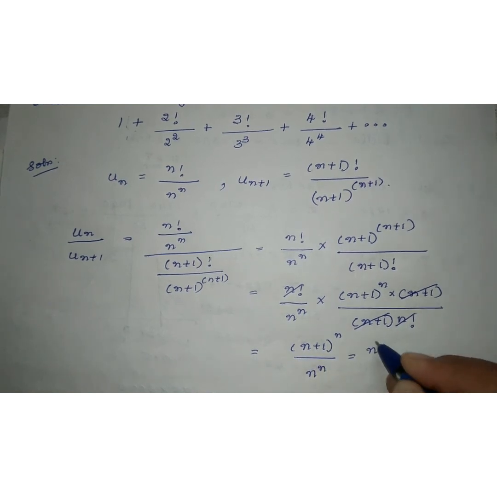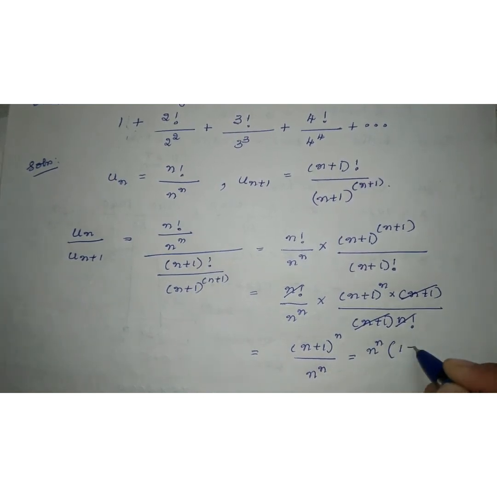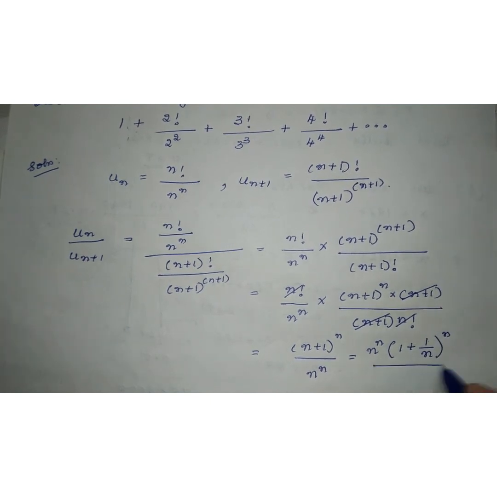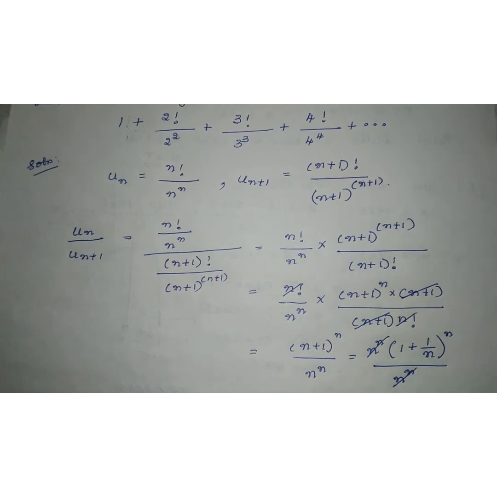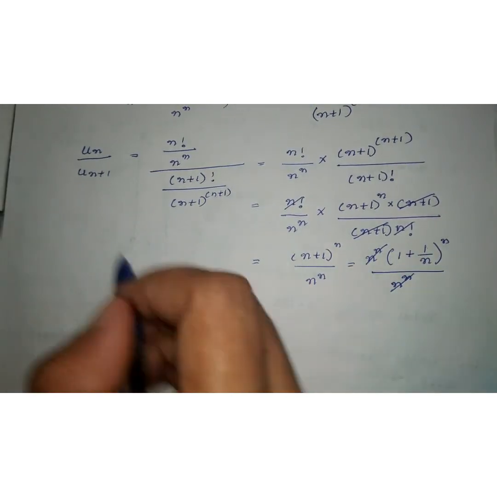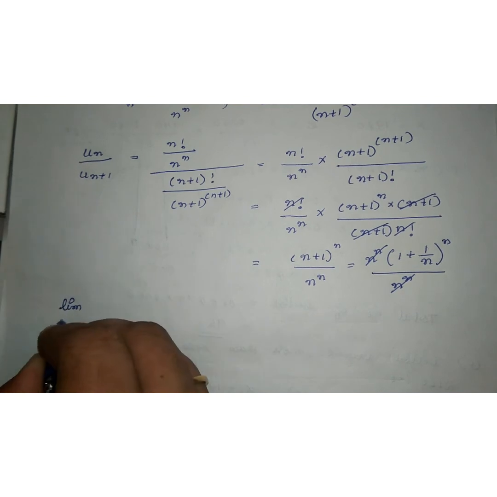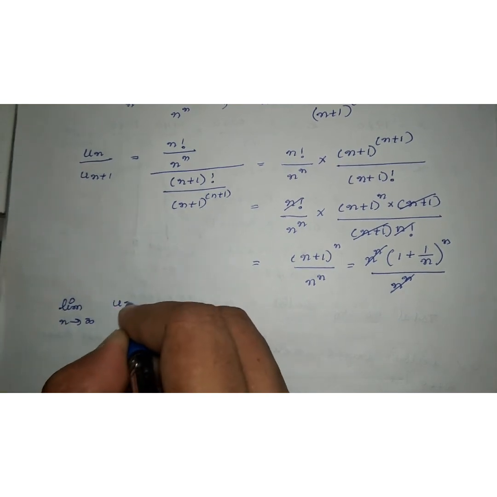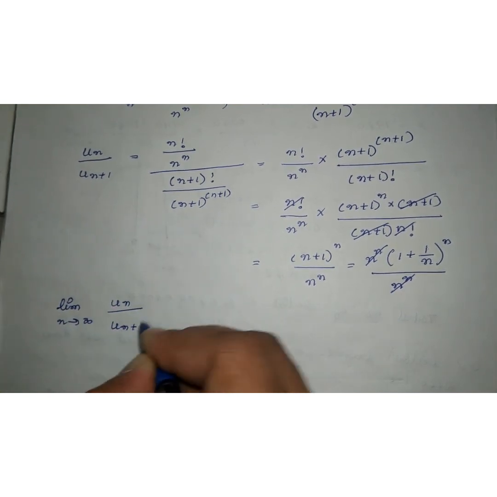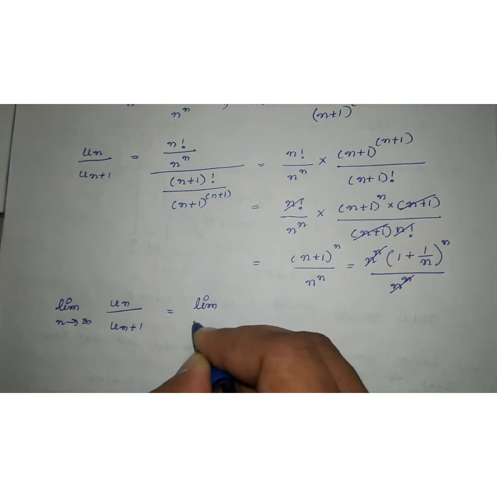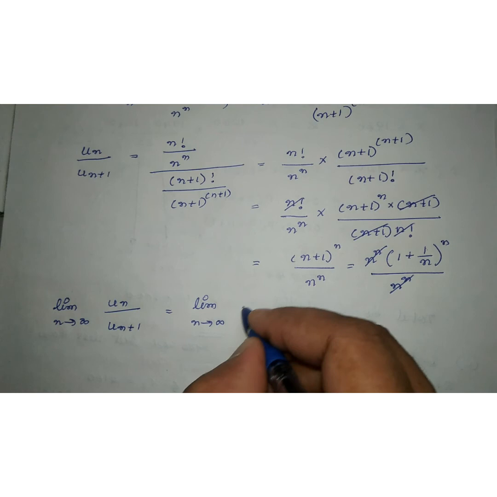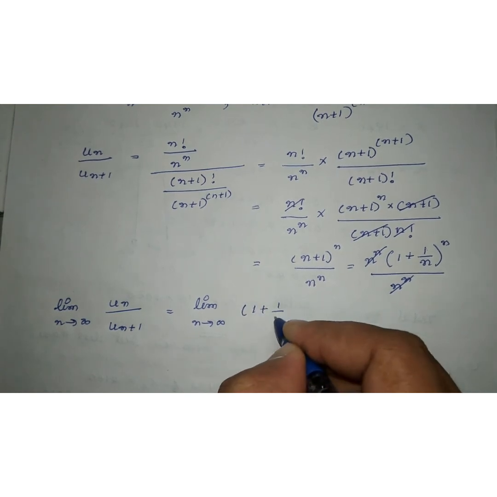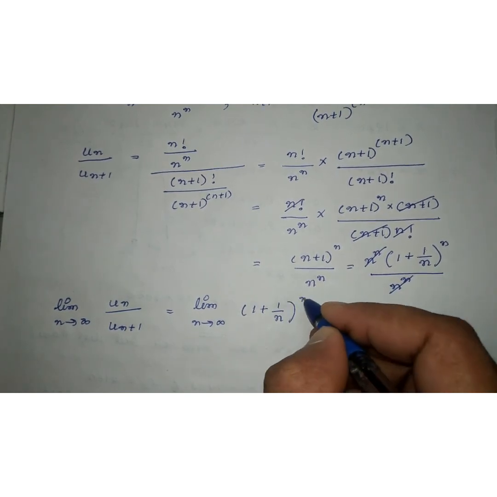Here again you can take n^n common, so that you get (1 + 1/n)^n. So applying the limits, limit n tends to infinity un by un+1 is nothing but (1 + 1/n)^n.